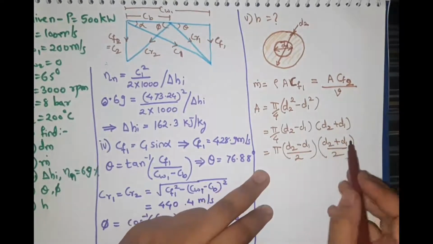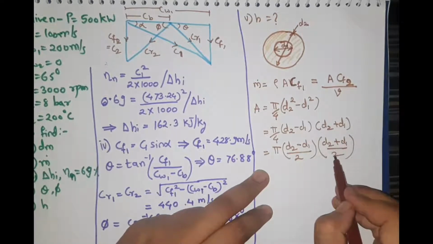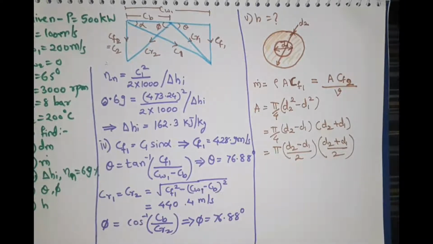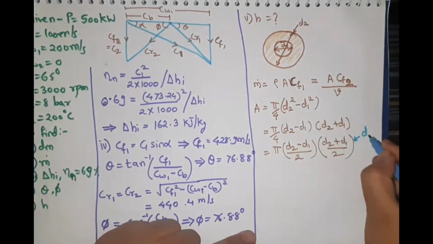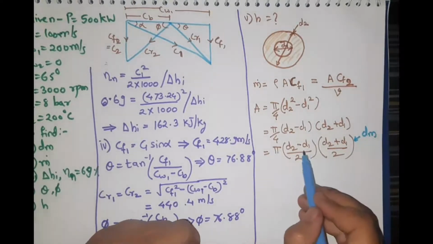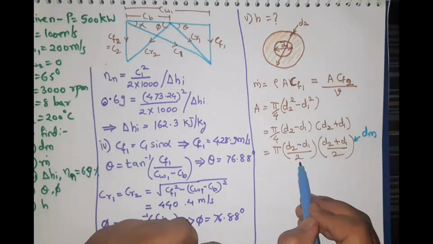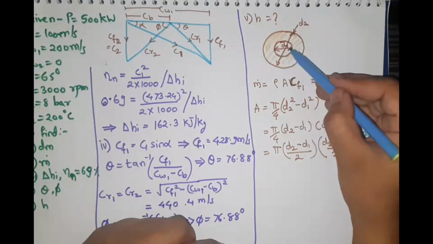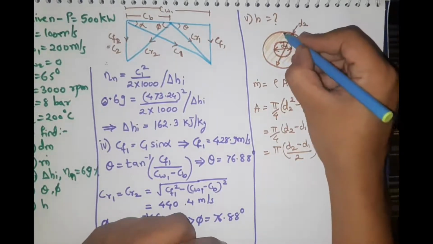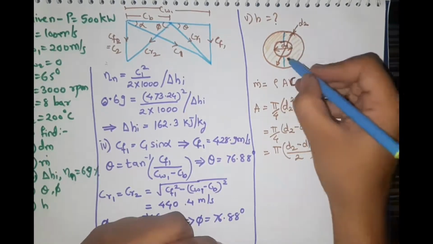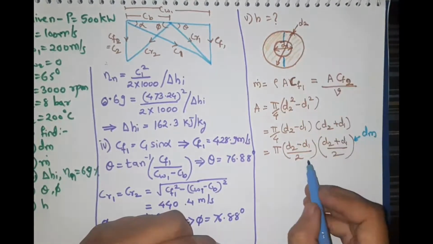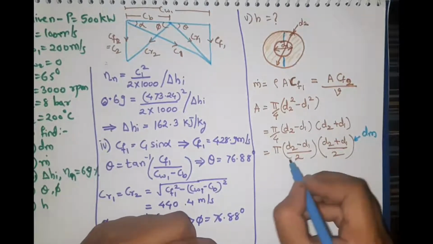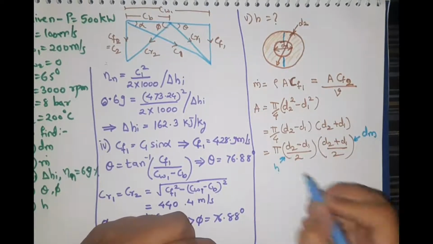Now from here you can see d2 plus d1 by 2 is the mean diameter, and d2 minus d1 by 2, that means the remaining distance, that is this and this, and these are the height, and as we are dividing it by 2, it will be only h, so this is equal to the height.